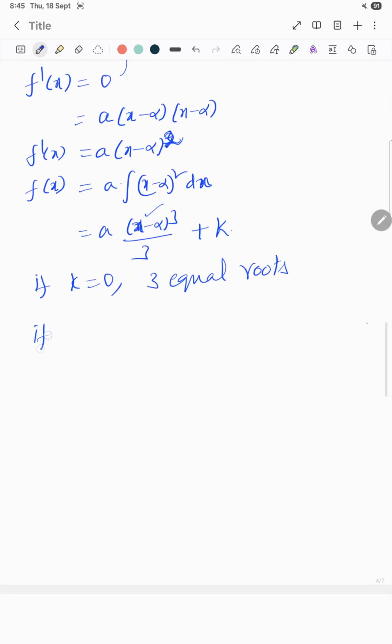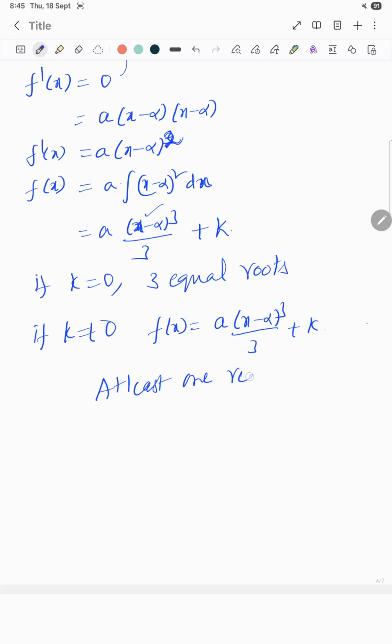If k is non-zero, then f of x can be written as a into x minus alpha whole cube by 3 plus k, and it will have at least one real root.